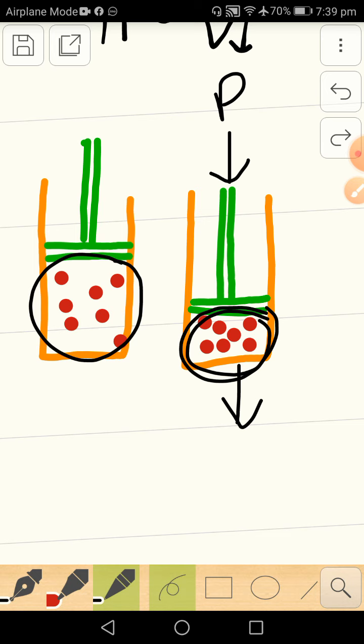So, the rate of reaction would increase. So, that is the case of pressure.